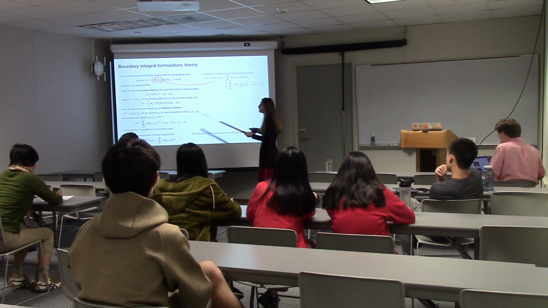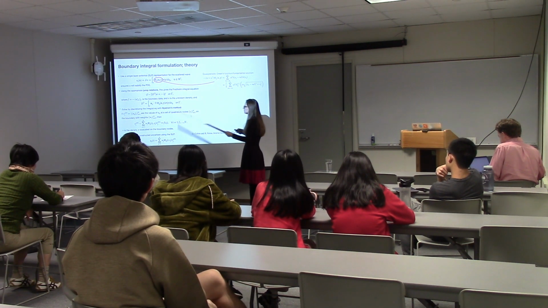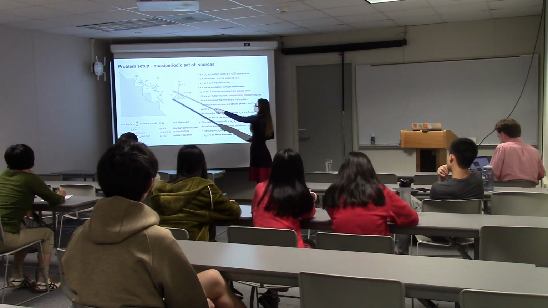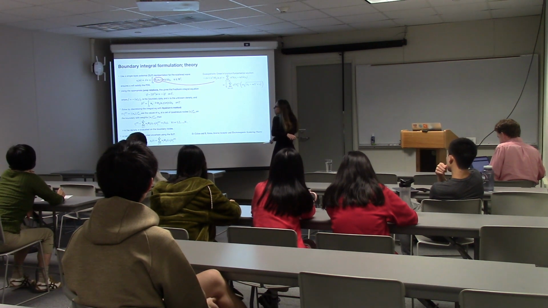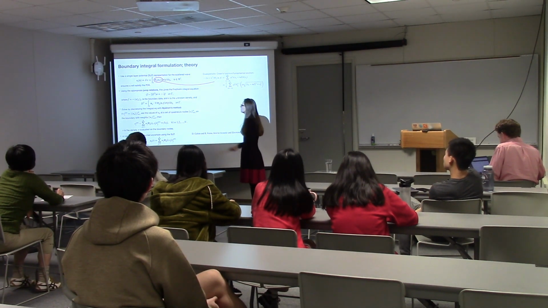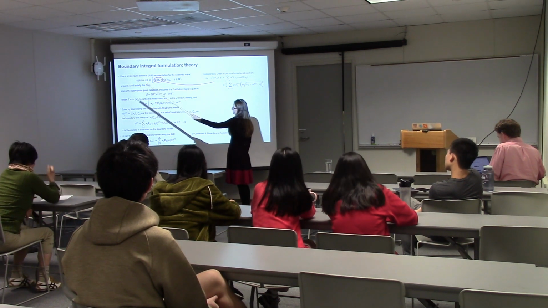If that's too much, the thing to take away is that this only exists on gamma, the boundary of the unit cell. So this no longer lives in a 2D domain; it only lives on the boundary. This is still an integral equation, called the Fredholm integral equation, and on the right-hand side is something to do with the boundary condition.